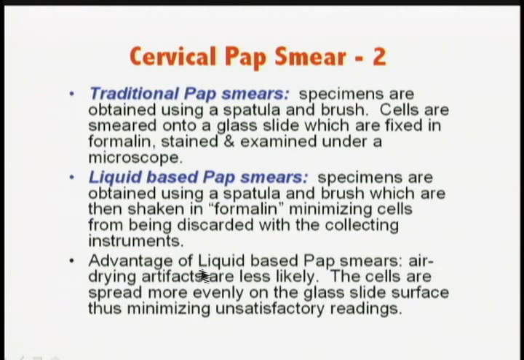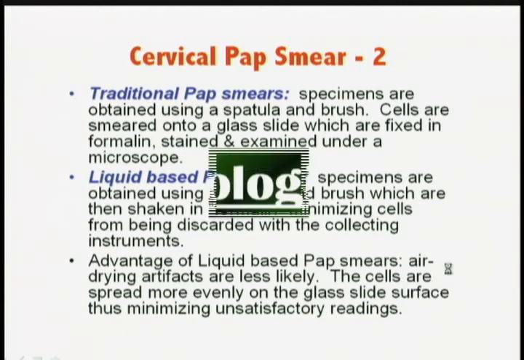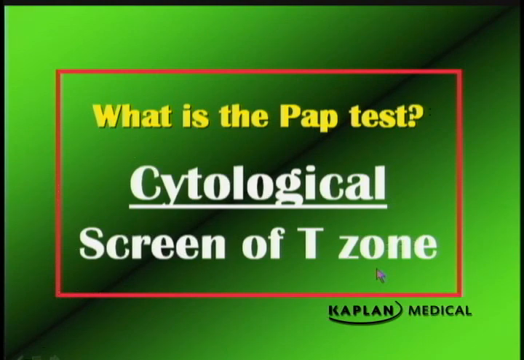So the advantage of the liquid-based pap smear is that air drying artifacts are less likely because you immediately put it into the solution. The cells are spread more evenly on the glass slide surface, and I'll show you what that looks like, thus minimizing unsatisfactory readings, such as ASCUS, atypical squamous cells of uncertain significance.